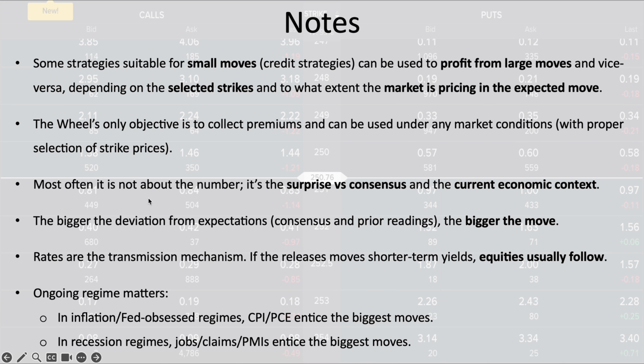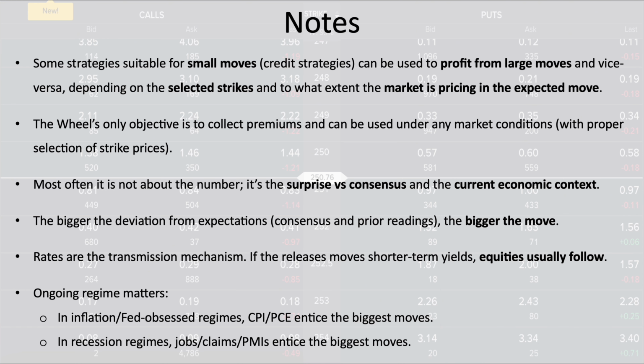Now, most often, it's not about the actual reading, CPI or the employment, whatever. It's more about the gap between the surprise and the consensus, and also the current economic context.